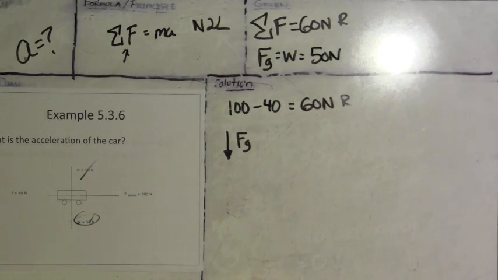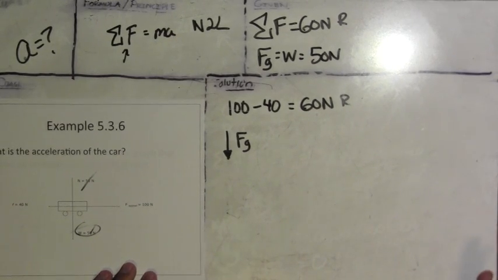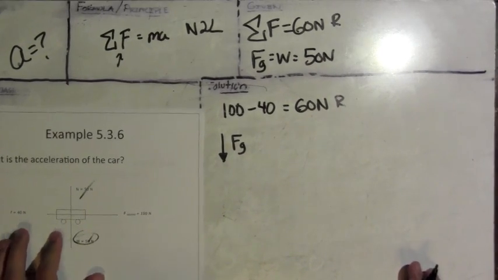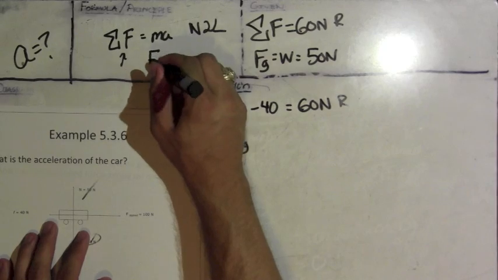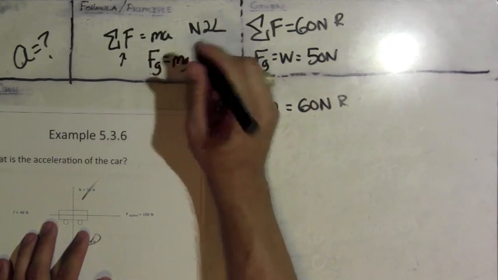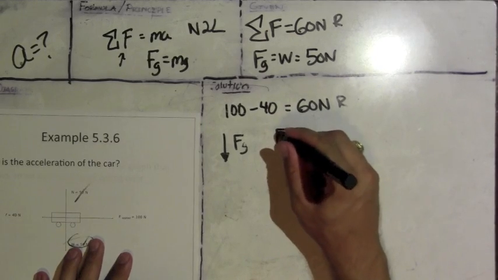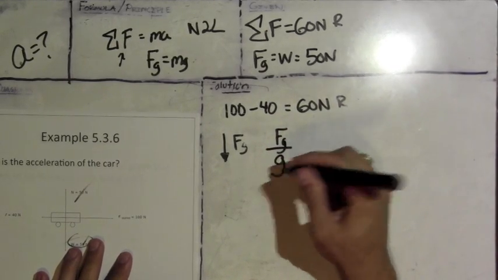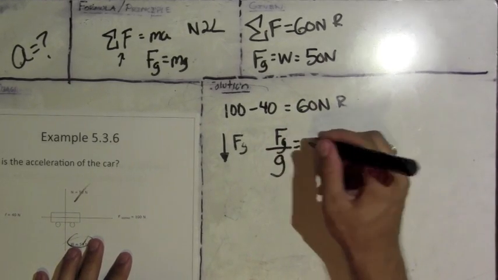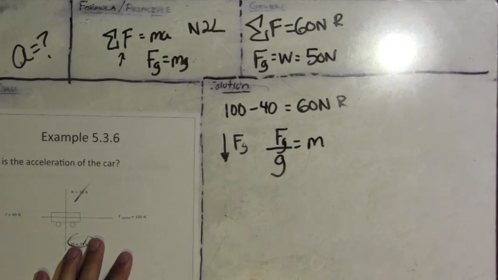Now, how that's going to help us is there's a relationship between weight and mass that we've already talked about. We can assume this car is going to be on Earth, so we can say that Fg is equal to mg. Or I can calculate the mass by saying, if I take that weight and I divide it by gravity, that right there would give me the mass value.